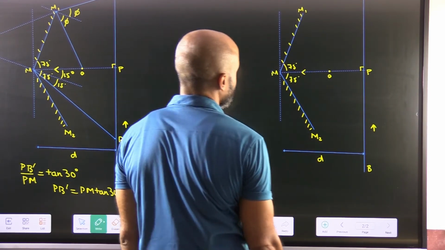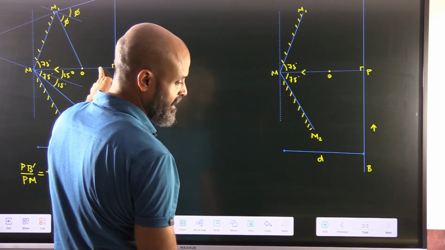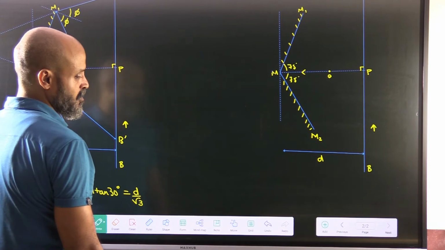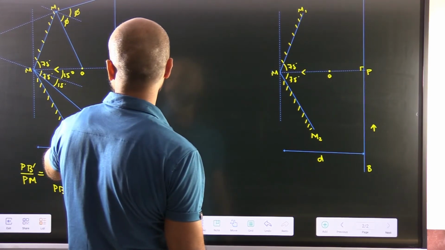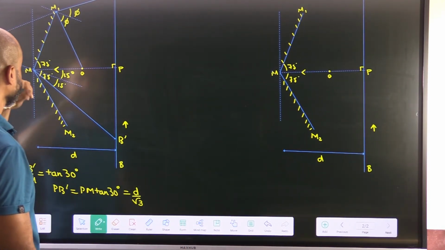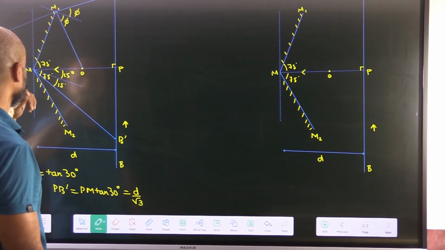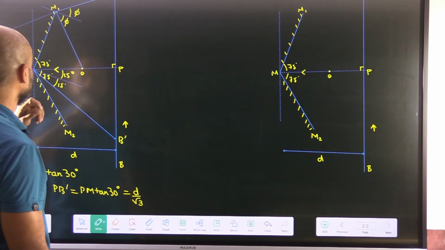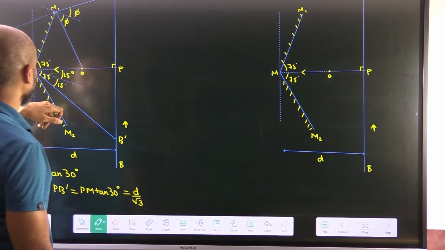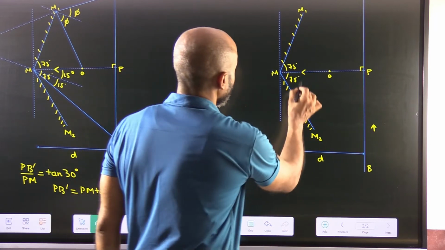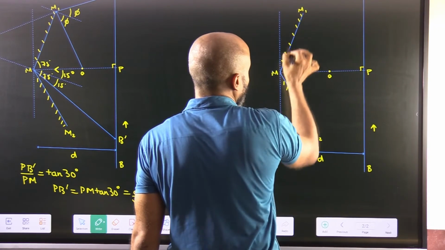Now we'll keep this as center, and just as we have done it here, we will now do it here as well. This is the mirror, and from this point we are considering now M to be a part of M dash.